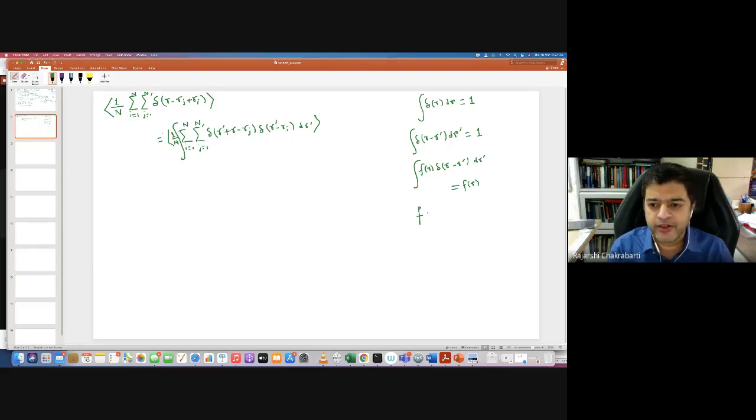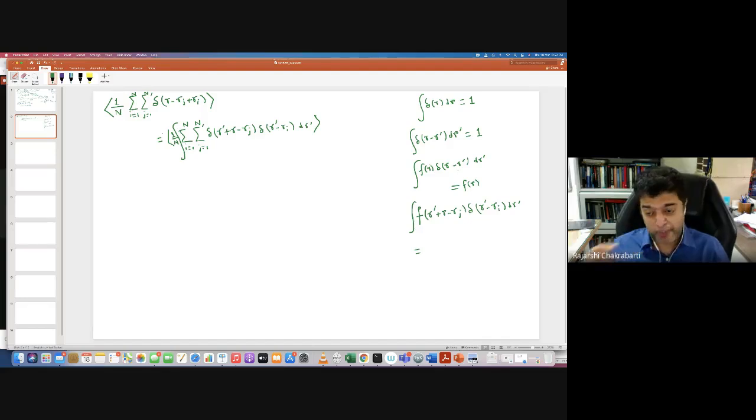Let me write down this function of r prime plus r minus rj, delta r prime minus ri, del r prime integral. Now tell me what is the answer if you know this.